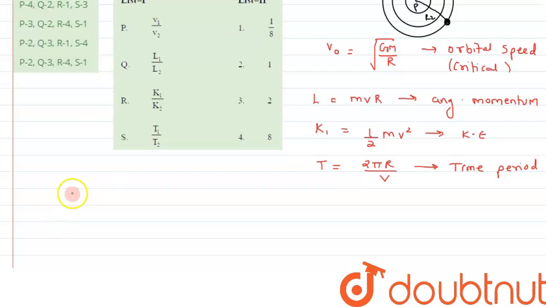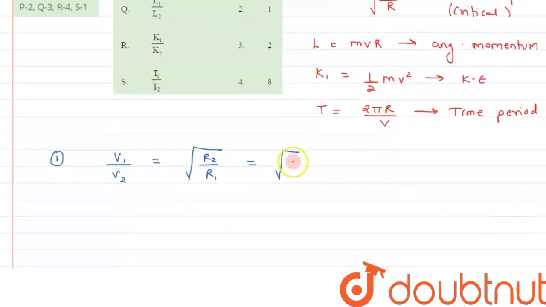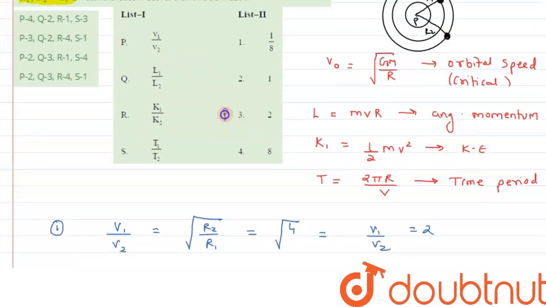By the formula, v1 by v2 will be, as we can see, an inverse relation with a root, so we write it as root of r2 by r1. r2 by r1 is 4, since r1 by r2 is given as 1 by 4. So the value of v1 by v2 comes out to be 2.